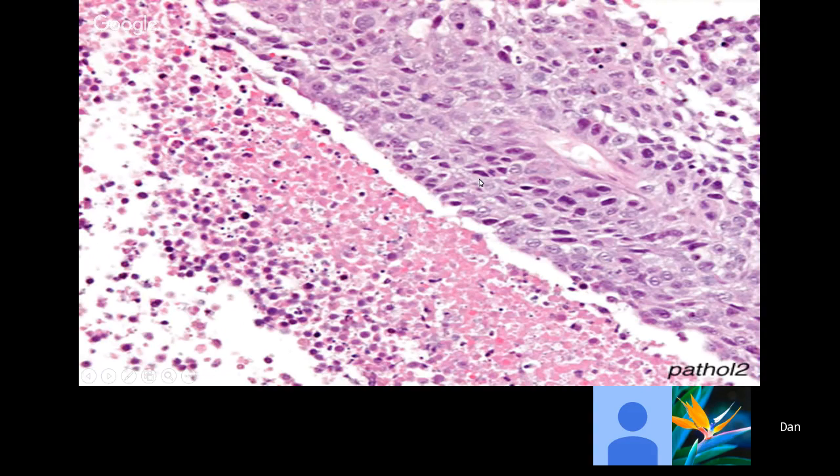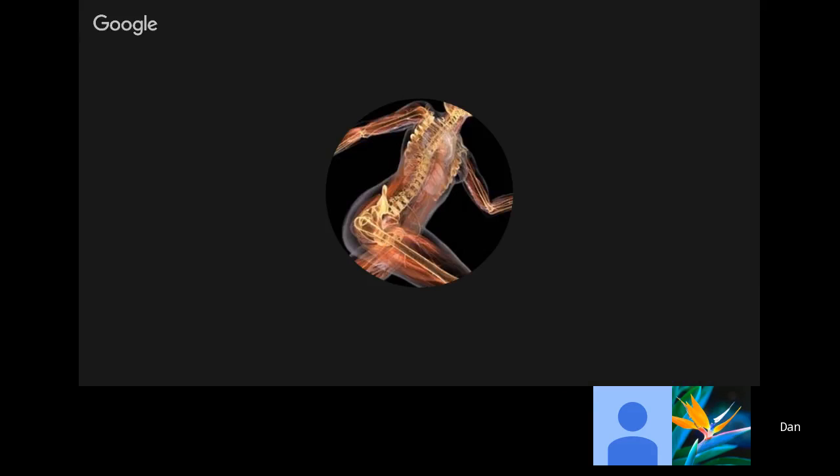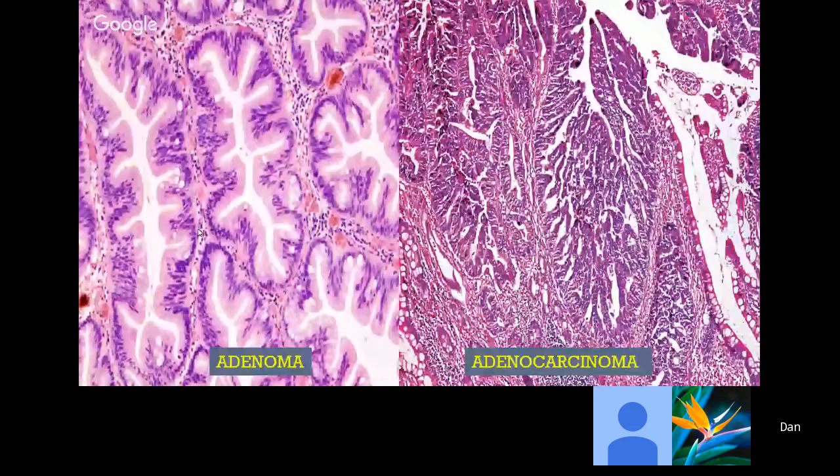In here is a comparison between the benign versus the malignant tumors. So in adenoma, what you notice is you recognize that these are glands, but the nuclei are slightly darker, and you have a lot of cells. It looks like hyperplasia, where you have a lot of glands, more than it should be, but not as much.